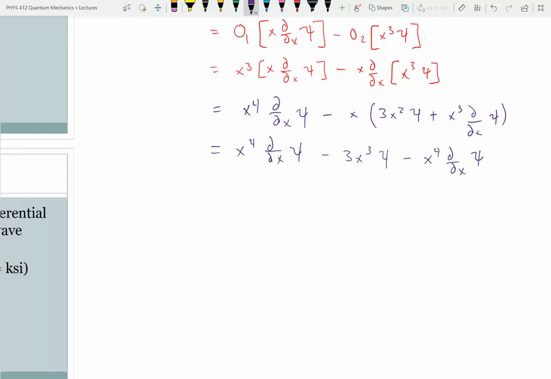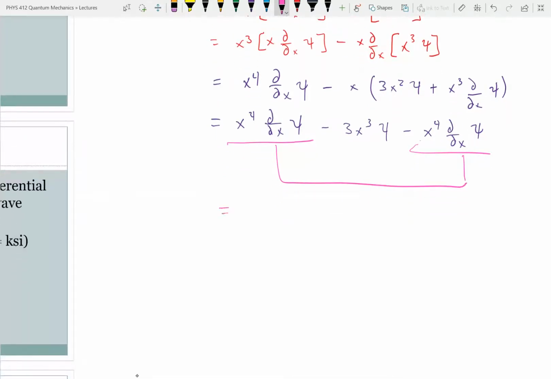So here I've expanded out the second one, and then we see as must happen if it's a linear operator, this and this subtract out, and I'm left with just a term that is equal to minus 3x cubed psi. When I was doing it on the homework, I was putting an extra sign there, so it made everything super confusing.